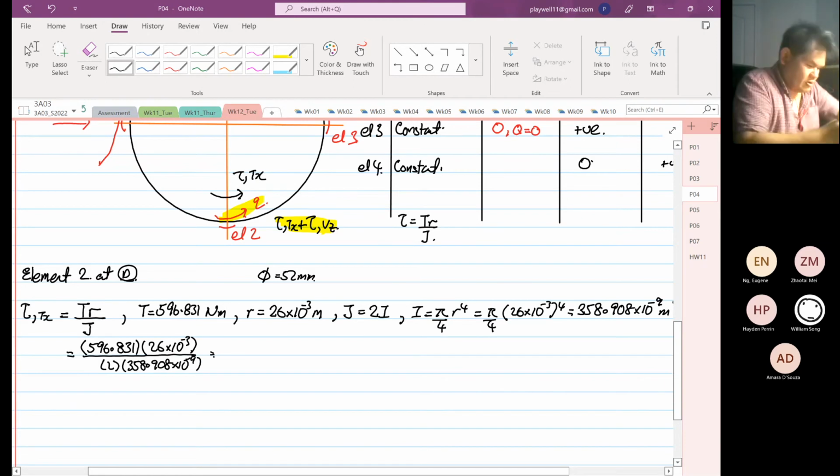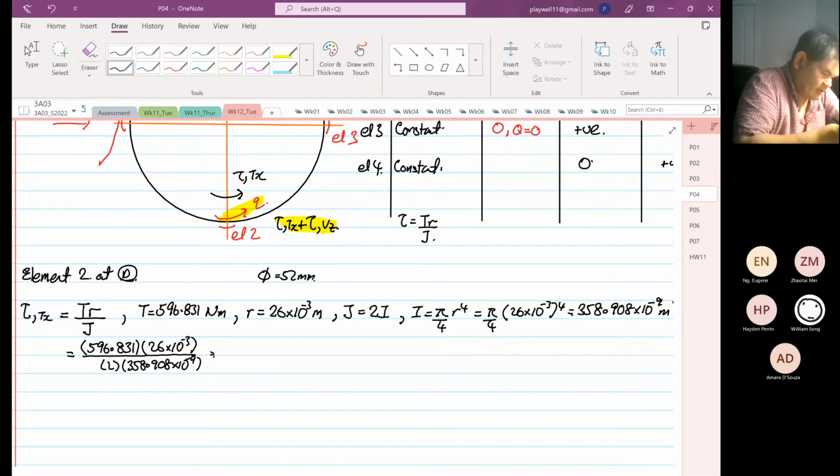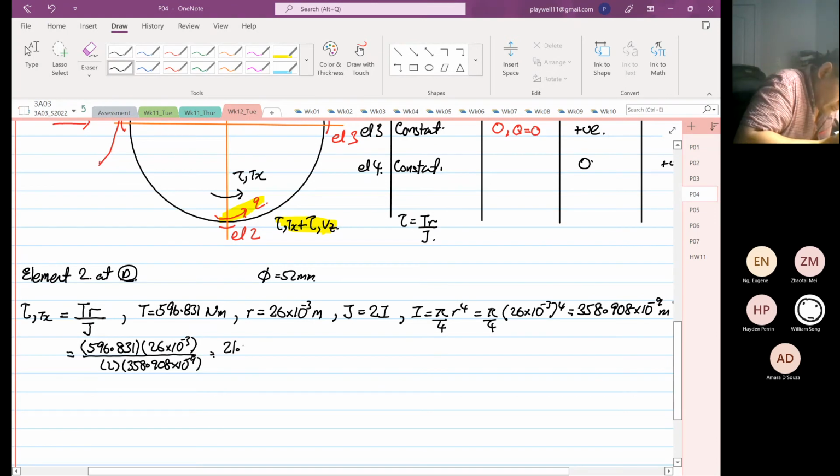So the shear stress due to torque: 596.831 times 26 times 10 to the power minus 3, divided by 2, divided by 358.908 times 10 to the power minus 9, is equal to 21.618 times 10 to the power 6 Pascal.